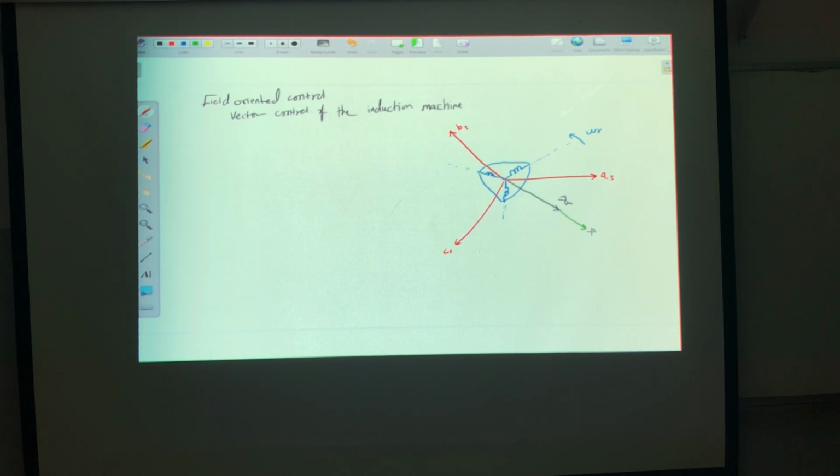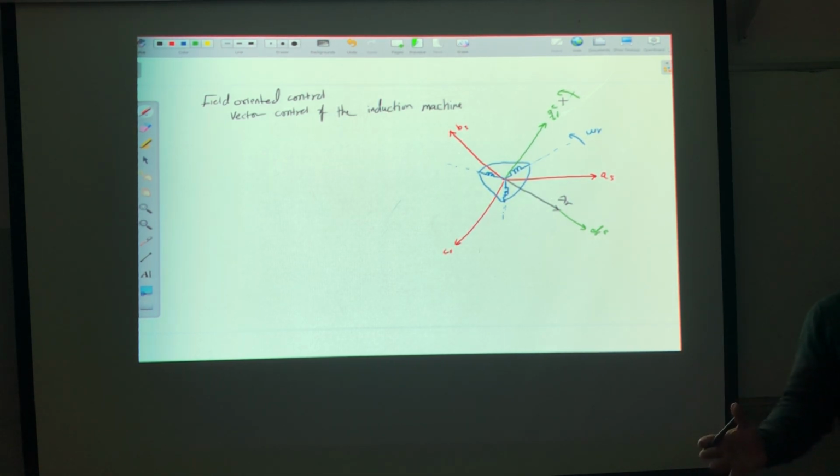So let's assume this is the DE axis. So 90 degrees from it is the QE axis. And E here refers to what? That my reference frame is rotating by which speed? The synchronous speed, omega E. The flux is rotating by synchronous speed.